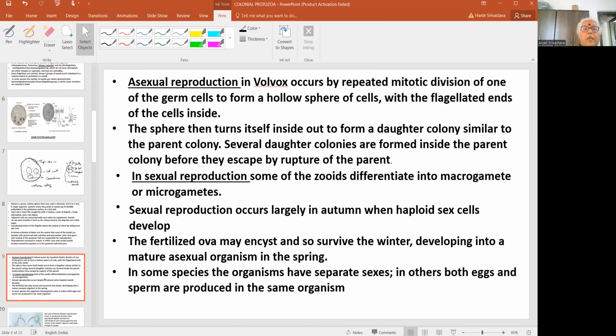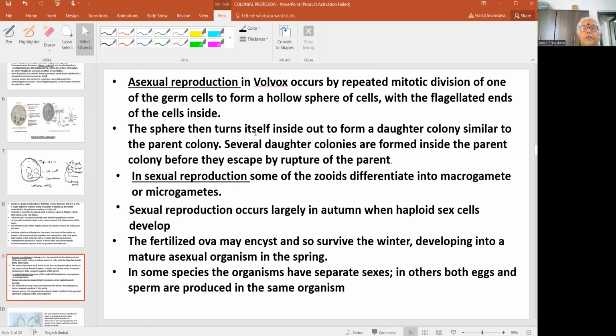The asexual reproduction occurs by repeated mitotic division, which is the usual reproductive method in volvox as well as in choanoflagellate. I'm giving you comparative details because the lecture will become too long otherwise. If we see volvox and choanoflagellates separately, we will repeat the same characters.